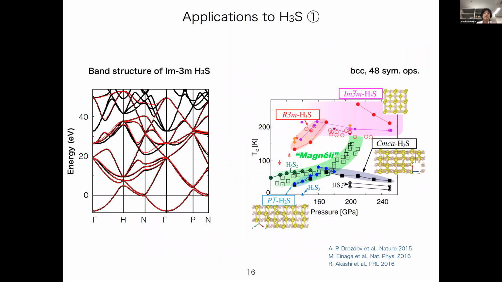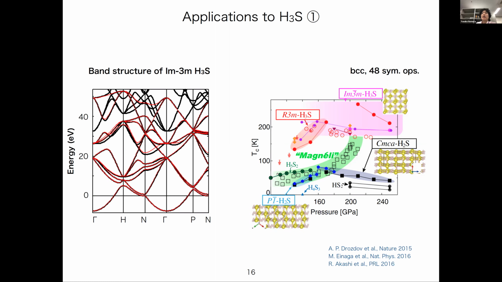Okay. Then here we show the final example, the application to H3S. So you can also try H3S using the tutorial. This H3S is now becoming famous for the record of the high Tc superconductor under extremely high pressure.